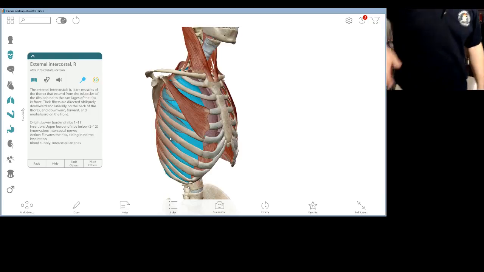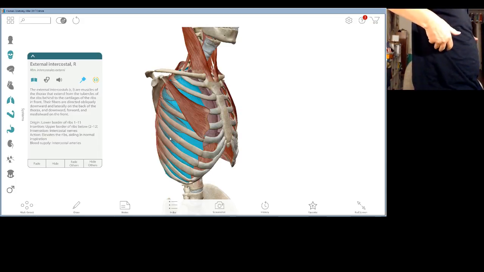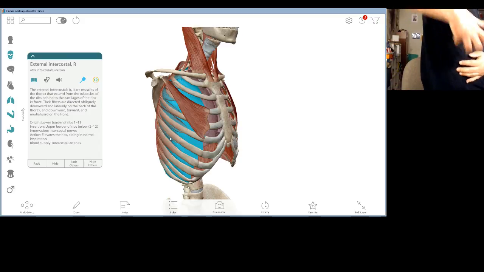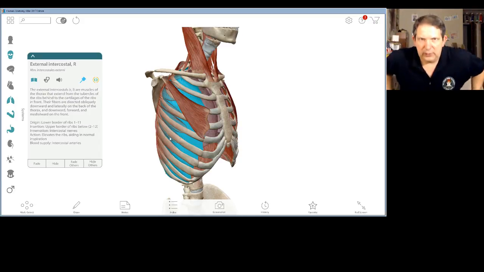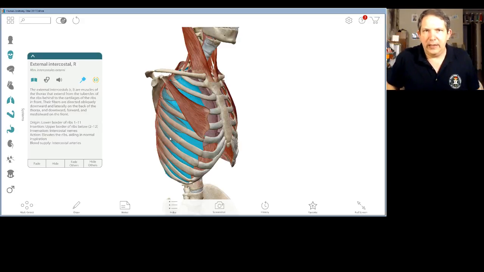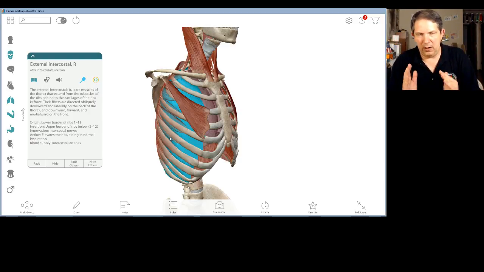The externals pull up, so their origin is on the upper rib, the insertion is the rib beneath, and they pull up and out. So external intercostals for inhaling, internal intercostals go the opposite direction. The origin and insertion are switched, so they're pulling the ribs down and in.